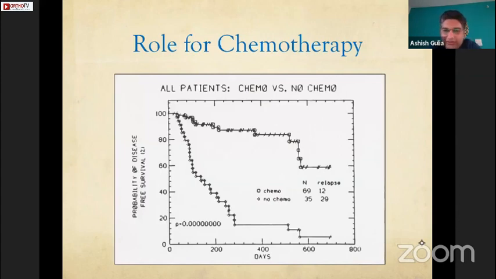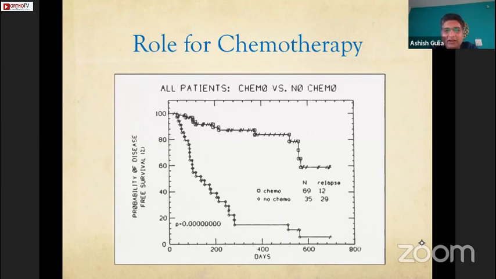Now coming to the importance of chemotherapy in the management of malignant bone tumors. This graph is self-explanatory, which talks about improvement from a mere 10 to 15% 5-year survival, which has now become 60 to 65%, and in some Western countries, touching about 75% 5-year survival in the management of malignant bone tumors in the pre- and post-chemotherapy era.